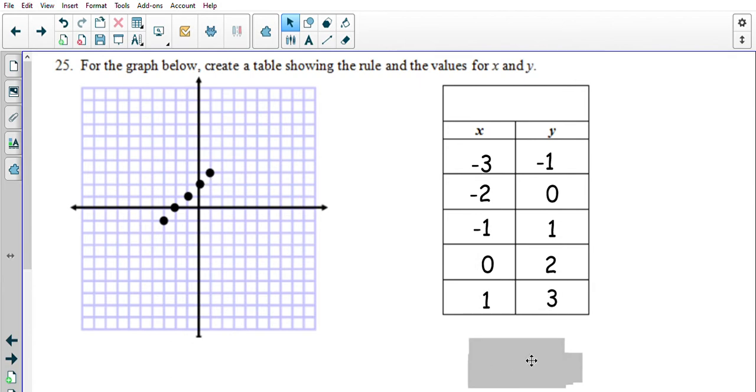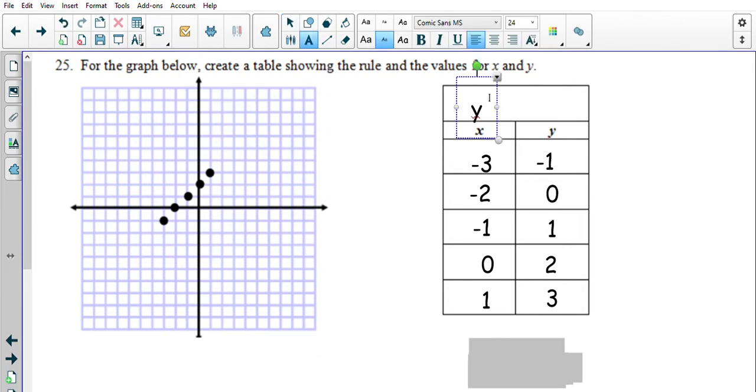So we need to think, what is the rule? What is the relationship between X and Y? If you were thinking that if you add 2 to X, you get Y, you're correct. This is not the only way to write it, but I was thinking Y is equal to X plus 2.